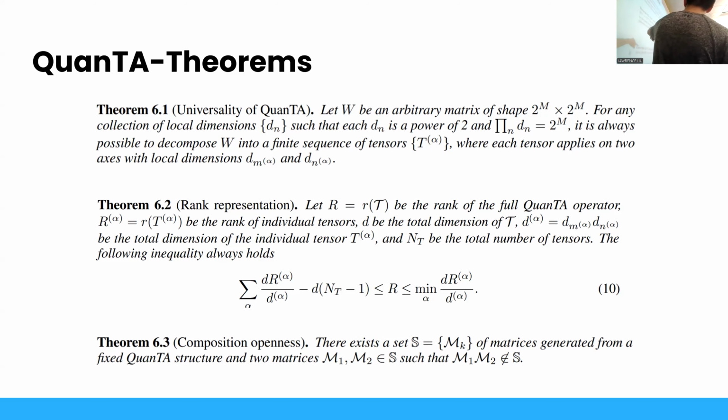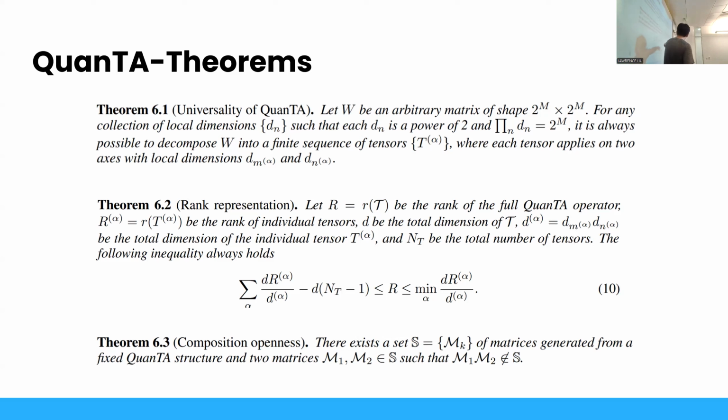What it says is basically you can, for a group of tensor quanta operators, each of them with rank R alpha, get an upper and lower bound on your final adapter's rank.